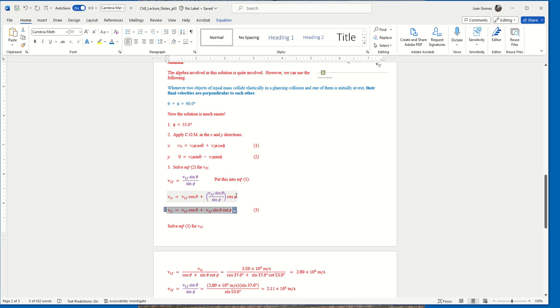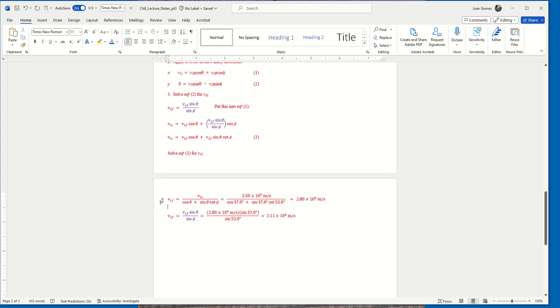In the previous step you have cosine phi, and in the rightmost term you have cosine phi divided by sine phi, which is cotan phi. So that gives equation 3. Then solve equation 3 for v1 final, and once you know v1 final, use this equation to get v2 final. Alrighty.